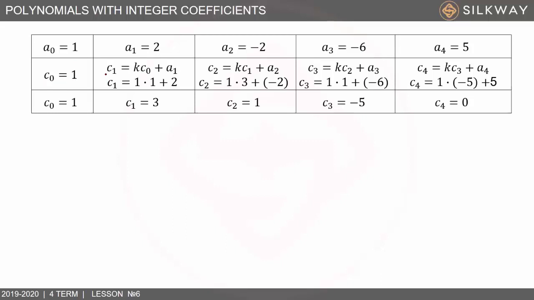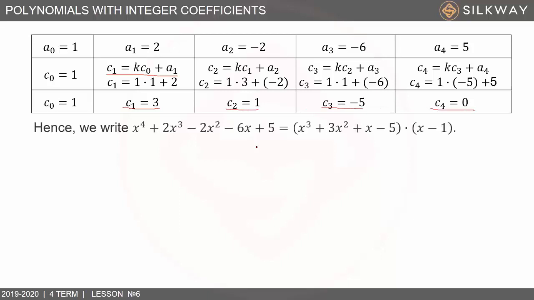And then by this formula we find c1. c1 is equal to 3, and like that we find the coefficients of q of x. And then we can write like this. Our polynomial is equal to, this one is q of x, yes, and this one is our factor, yes. If we multiply these two expressions, we will have our polynomial.